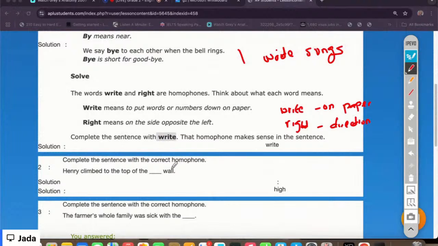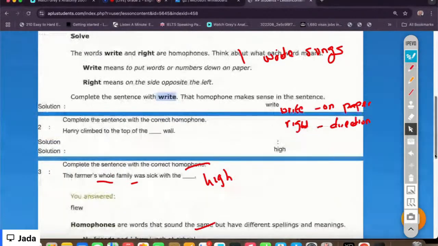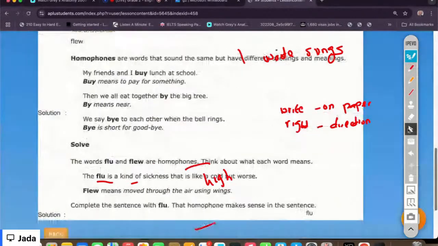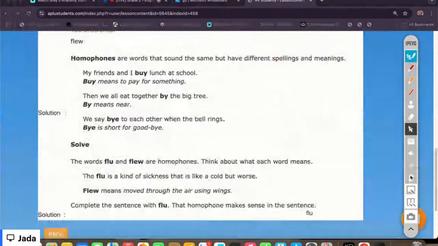Complete the sentence with the correct homophone here. Henry climbed to the top of the high wall, okay? Then, the farmer's whole family were sick with the flu.